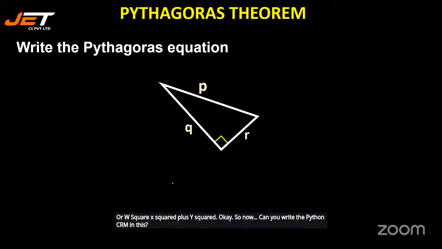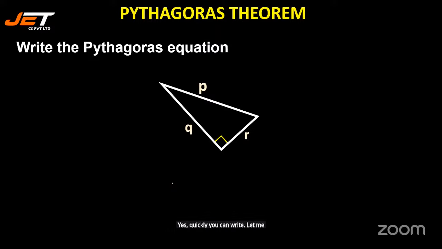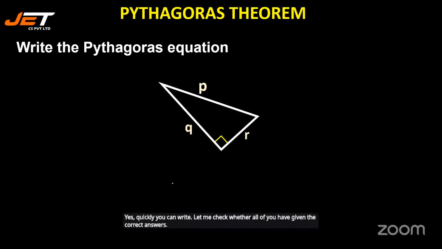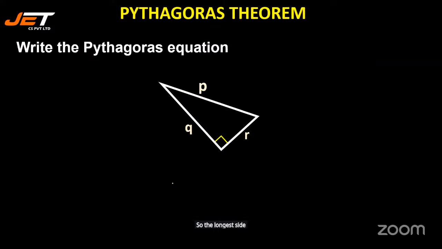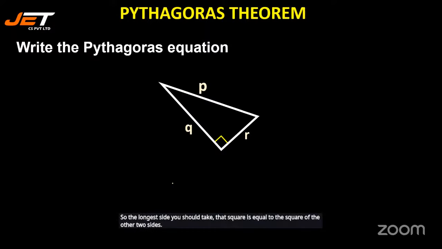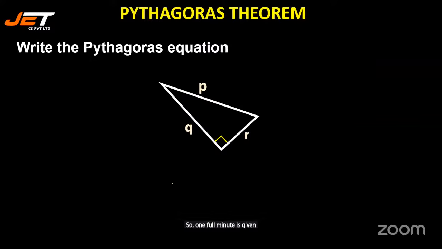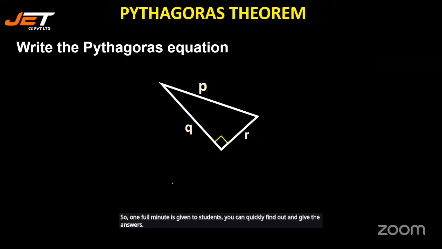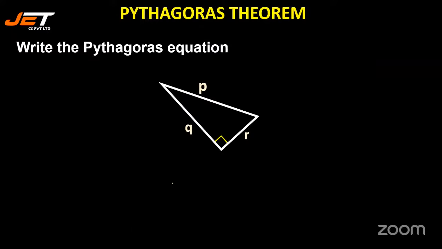Yes, quickly you can write. Let me check whether all of you have given the correct answers. So the longest side you should take, that square is equal to the square of the other two sides. So 1 full minute is given to you, students. You can quickly find out and give the answers. Yeah. So I am getting the answers.